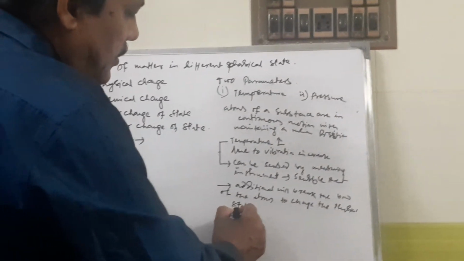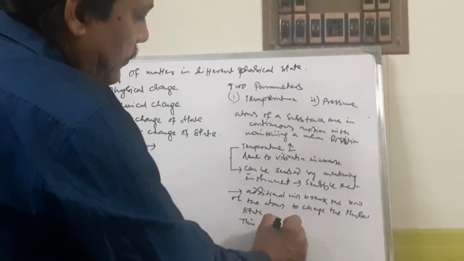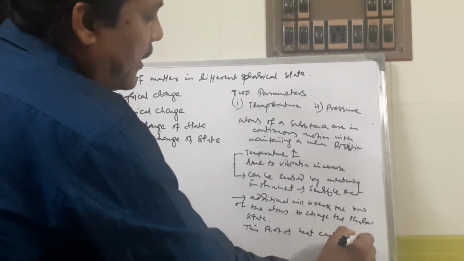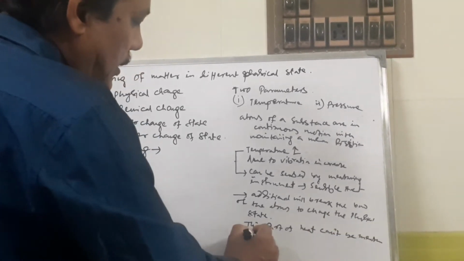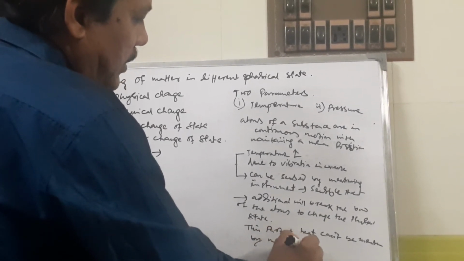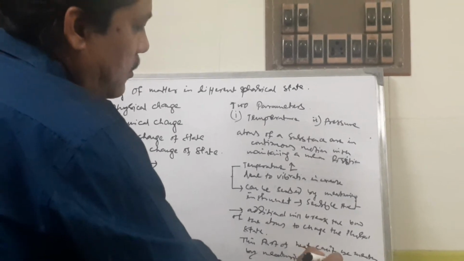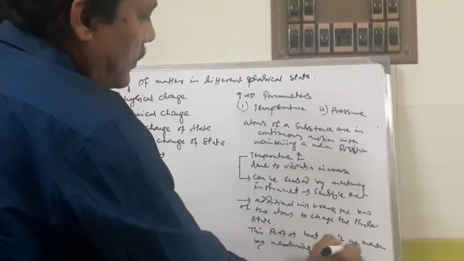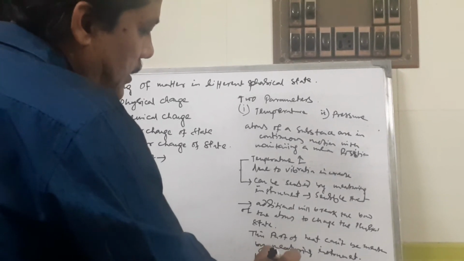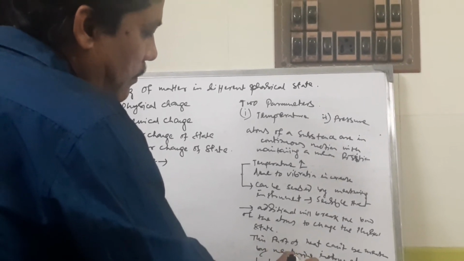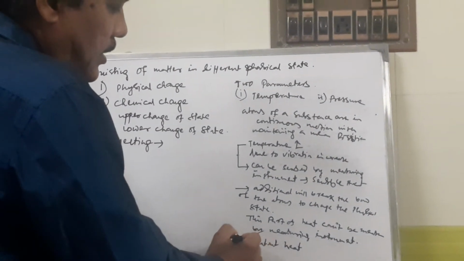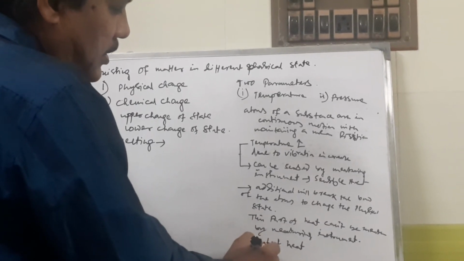This part cannot be measured by measuring instrument. So this is known as latent heat, because this heat is not measurable by changing temperature. This latent heat is responsible for phase change.